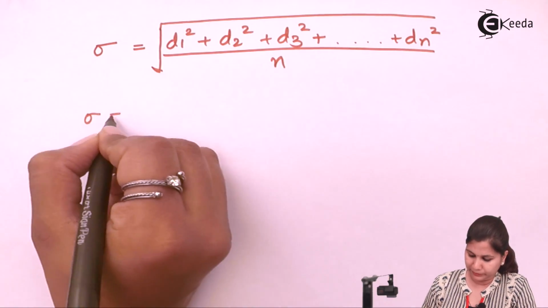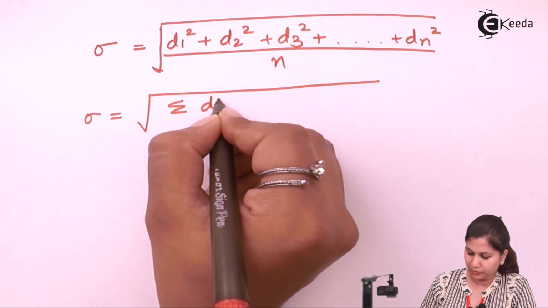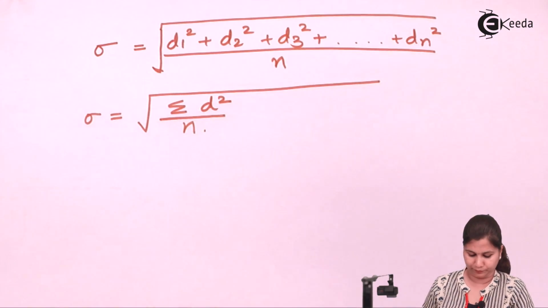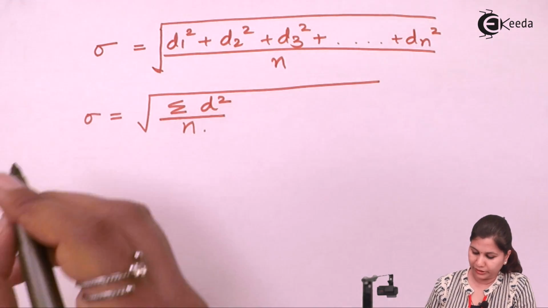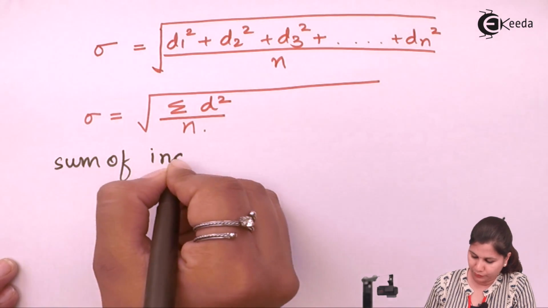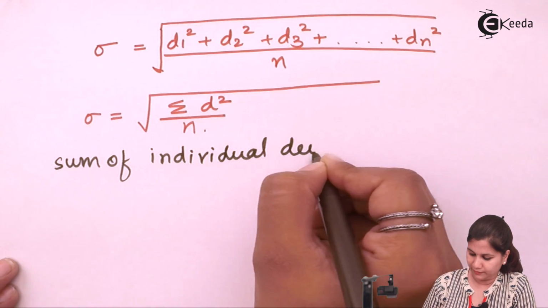So sigma we can write as the square root of the summation of the squares of the deviations divided by n.